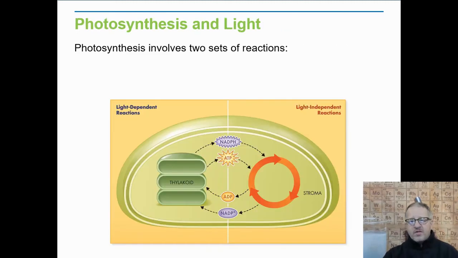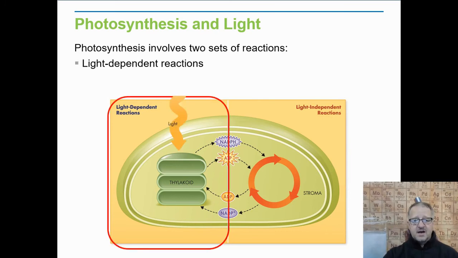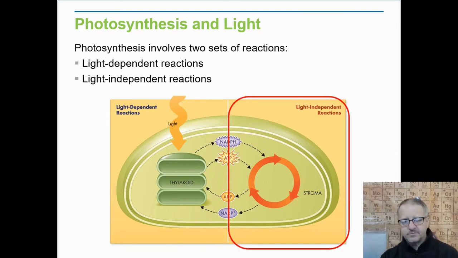So although the equation for photosynthesis looks kind of simple, there are actually a lot of steps to get from the reactants to those final products. Photosynthesis actually involves 2 sets of reactions. We have the light-dependent reactions. We see those here. And we have the light-independent reactions, which are found on this side.